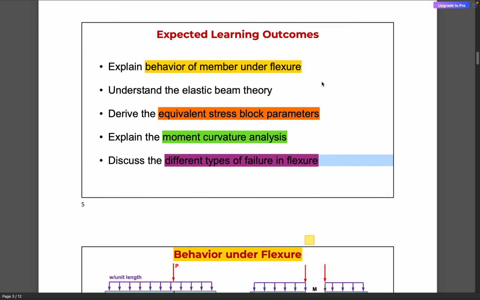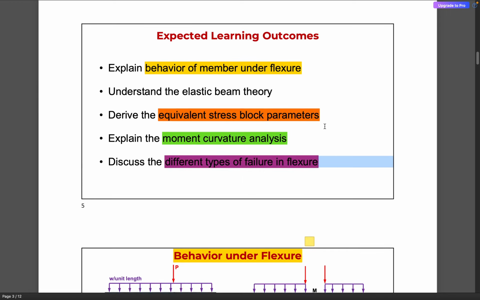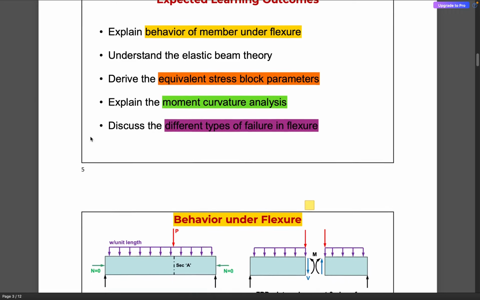Then we are going to perform the moment curvature analysis. We are going to see what a moment curvature analysis means and what we are trying to achieve through that. Then we are going to discuss the different failure mechanisms under flexure.